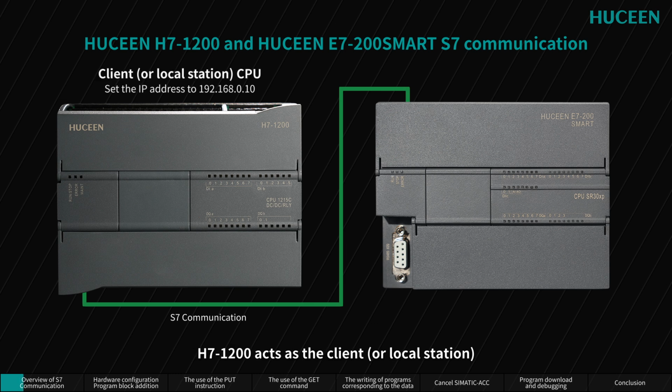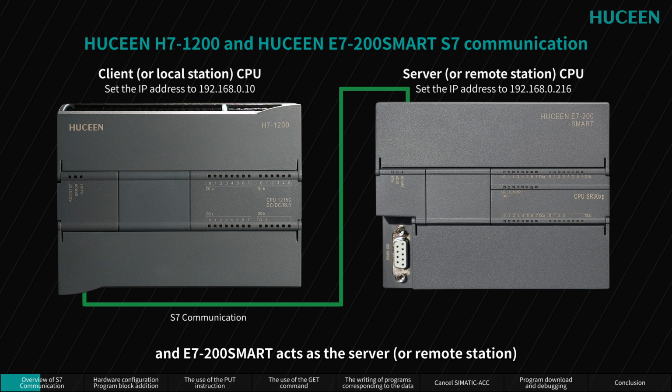Here, H7-1200 acts as the client or local station, with the IP address set to 192.168.0.10. And E7-200SMART acts as the server or remote station, with the IP address set to 192.168.0.216.